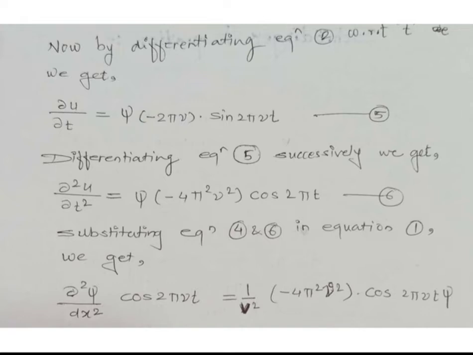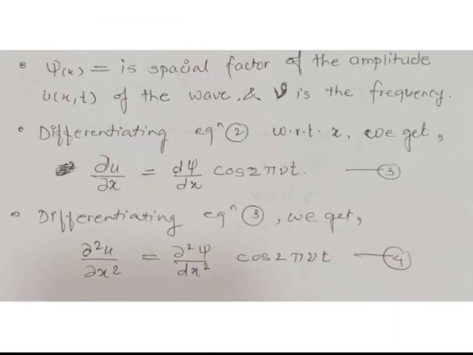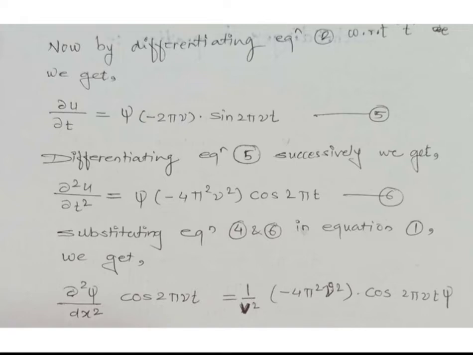The equation will be written as del square psi divided by del x square into cos 2 pi nu t on the left side, is equal to 1 upon v square in bracket minus 4 pi square nu square into cos 2 pi nu t into psi.